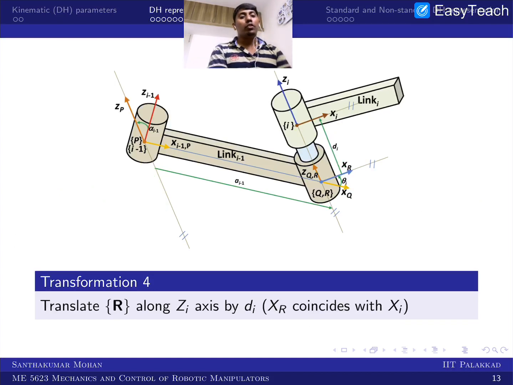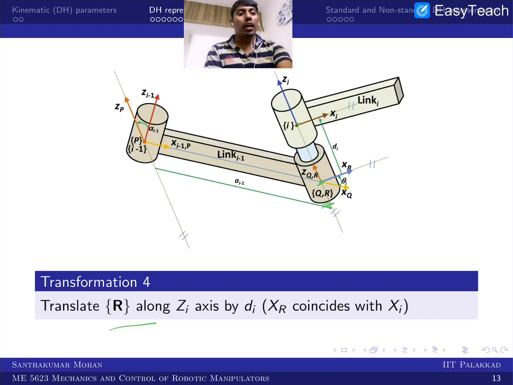So the fourth operation I have done is rotating about the z axis. Now I am taking the r frame and translating along zi to meet the ith frame. That's all. So I am taking a di distance.